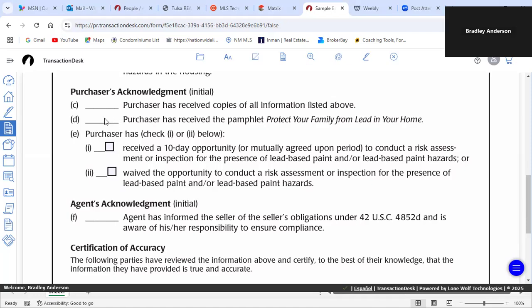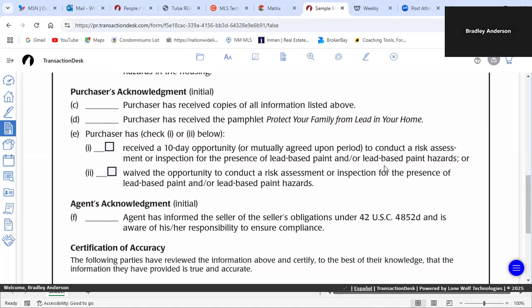Then it goes on to say the purchaser has, and you can check one of these two boxes, received a 10-day opportunity or mutually agreed upon period to conduct a risk assessment or inspection for the presence of lead-based paint or lead-based paint hazards.